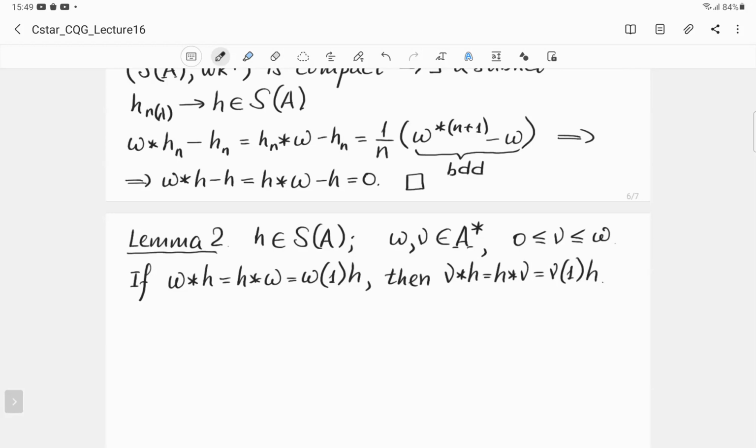Well, the proof of this lemma is a little bit technical. So before we prove lemma 2, let's show how these two lemmas help us to complete the proof of the theorem.